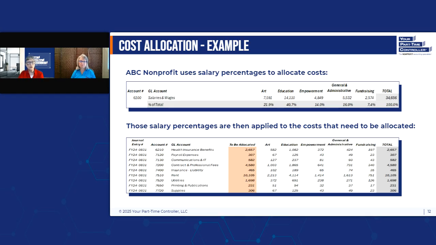In this example, we've got an ABC nonprofit that's using total salary percentages to allocate its group of identified costs. So up at the top in this first gray line, we've calculated how much of total salaries the art department uses, education, empowerment, and so forth.